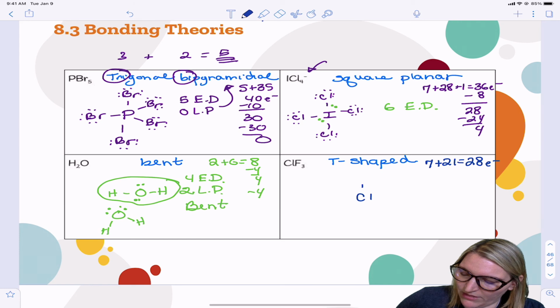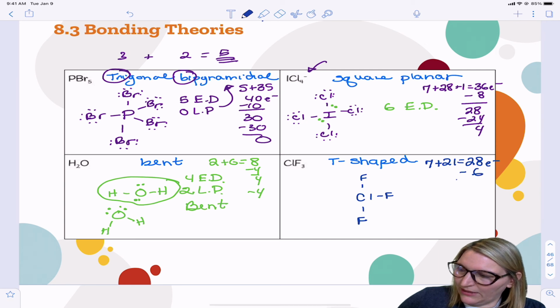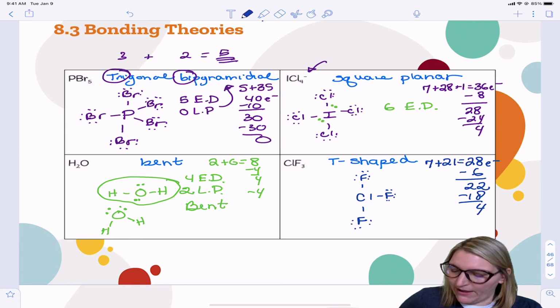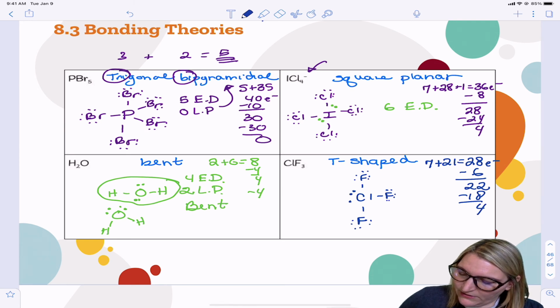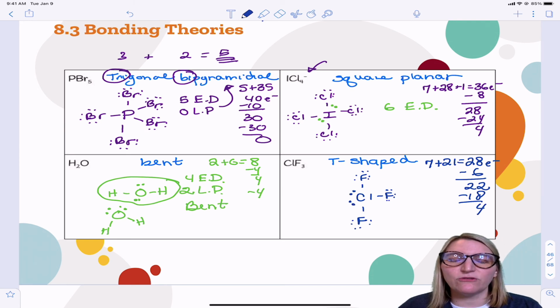So the 3 fluorine going around it. I used 6 electrons, so I have 22 left over. 1, 2, 3, 4, 5, 6, 7, 8, 9, 10, 11, 12, 13, 14, 15, 16, 17, 18. 4 left. They go on the central atom. We always put leftover electrons on the central atom.